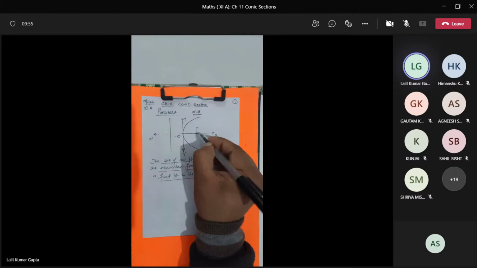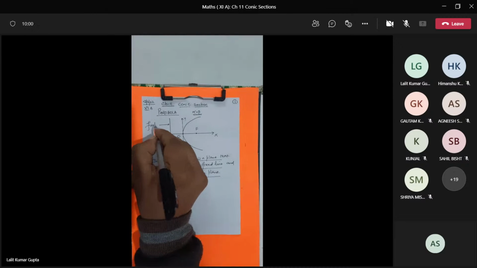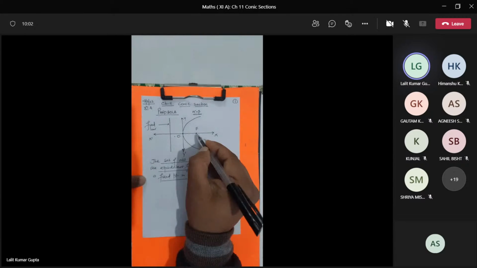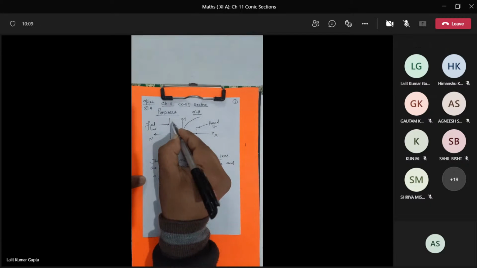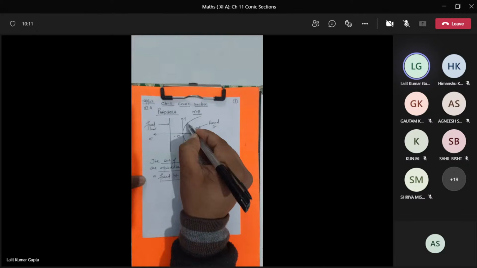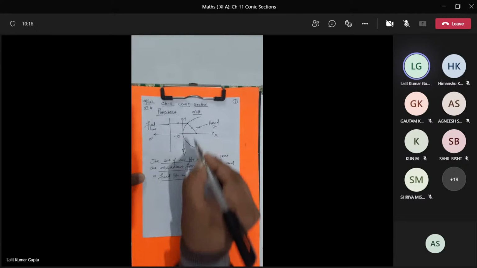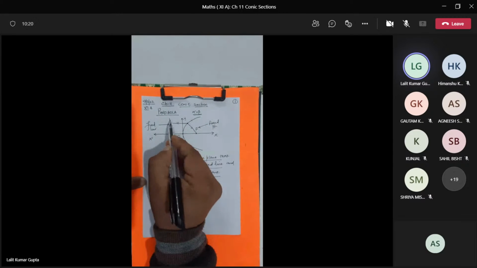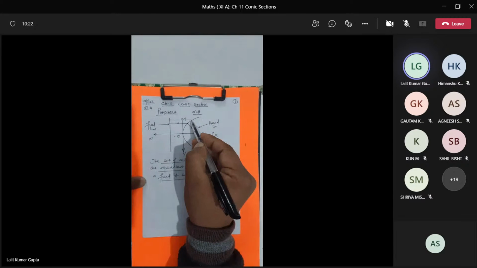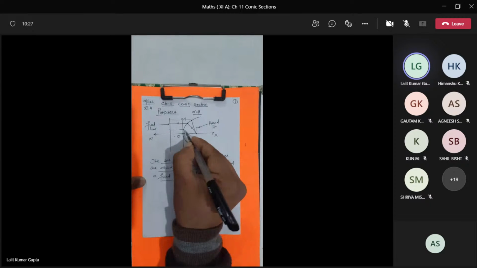That this is the fixed point and this is the fixed line. And suppose this is the point, इसका distance इससे and इससे distance. This distance and this distance are equidistant. किसी भी point पे लो, suppose ये point है, this distance and this distance, this point, this distance, this distance.